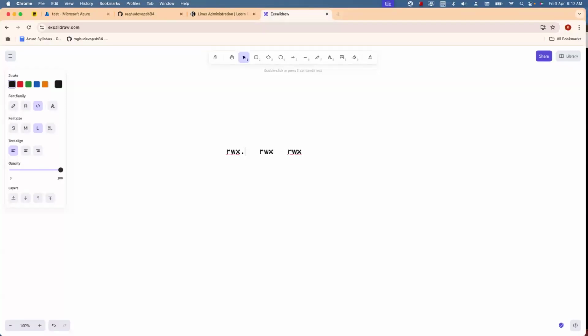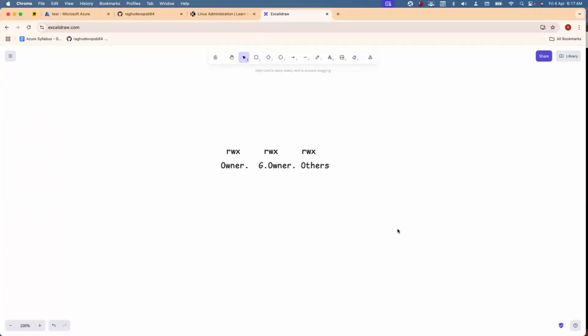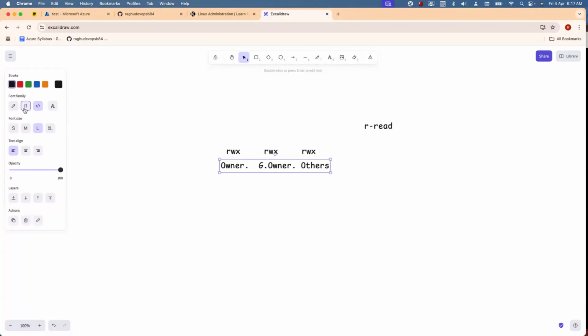I just split that into three parts: rwx. Whom is this for? The first is the owner, then the group owner, and then others.